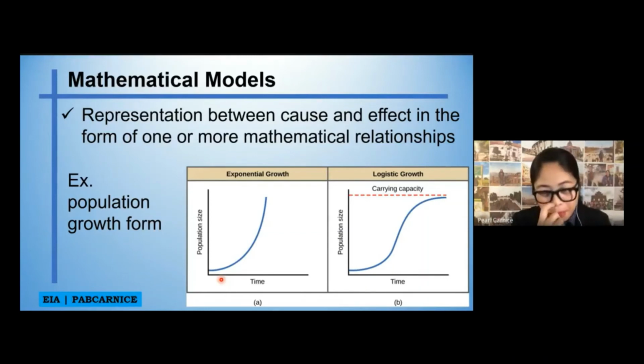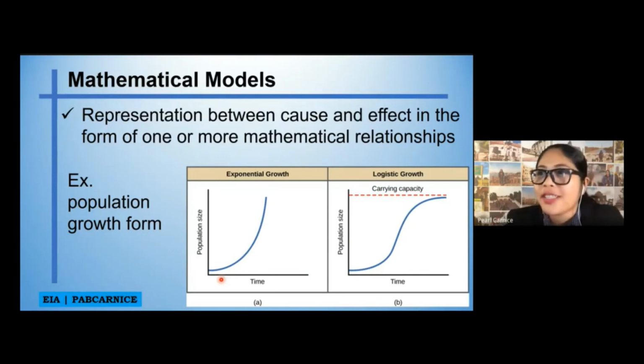At the same time, you can also model how much it would take you to extract, and the volume of minerals that you can extract from a specific ore in comparison to their quality per se. So that's how you can use mathematical models.